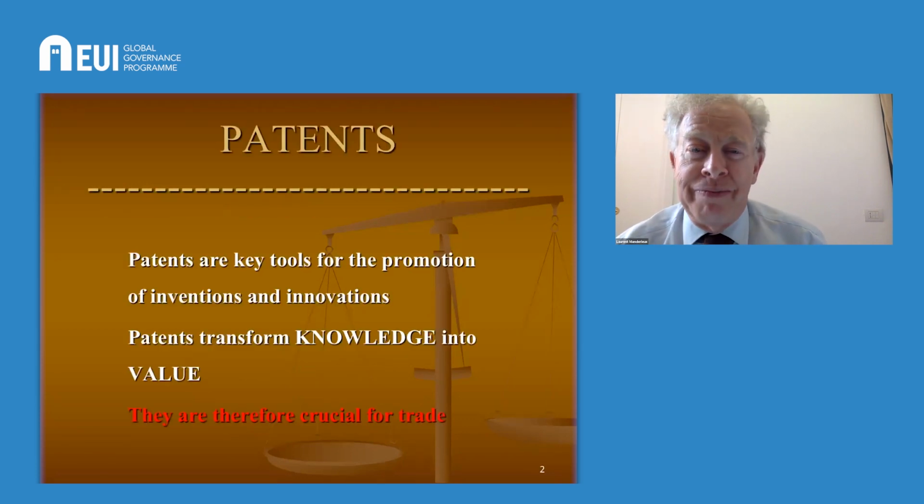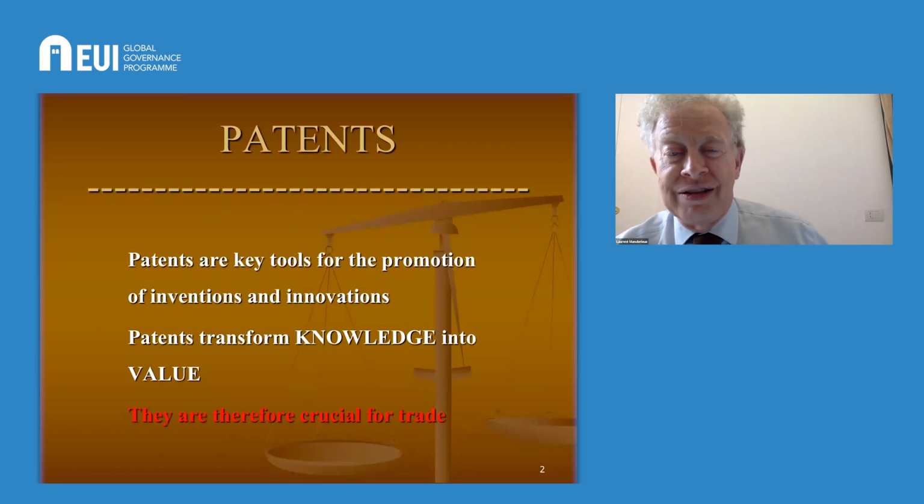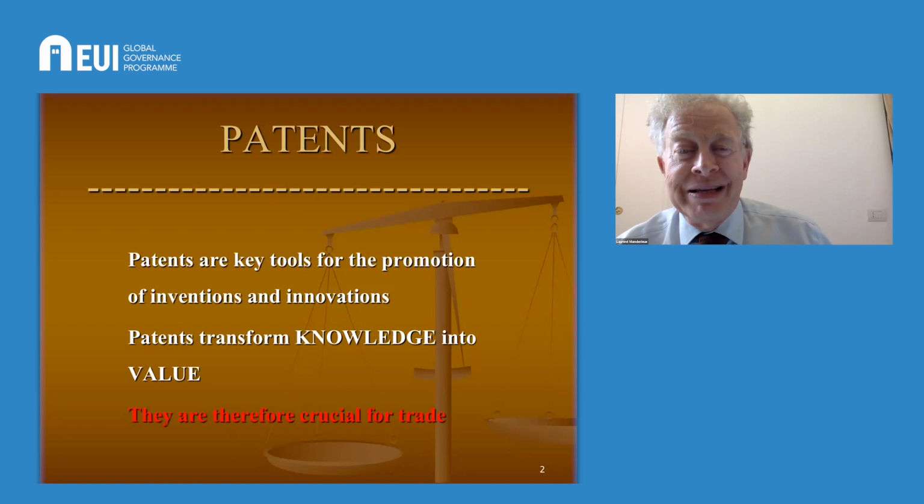We remember that patents are a key tool for the promotion of inventions and innovation because they simply transform knowledge into value. We have hardly any other tool except the trade secret, which has the defect of being secret, to transform knowledge into value.